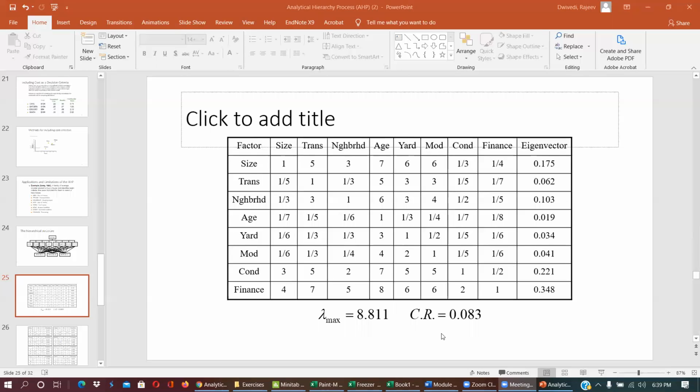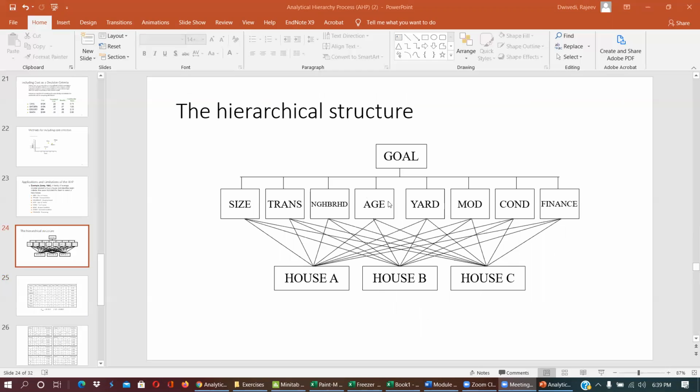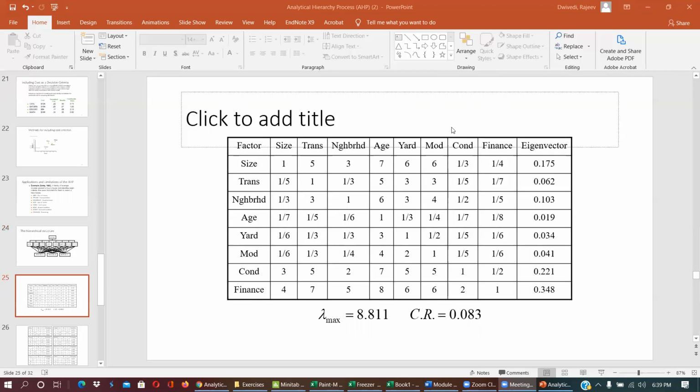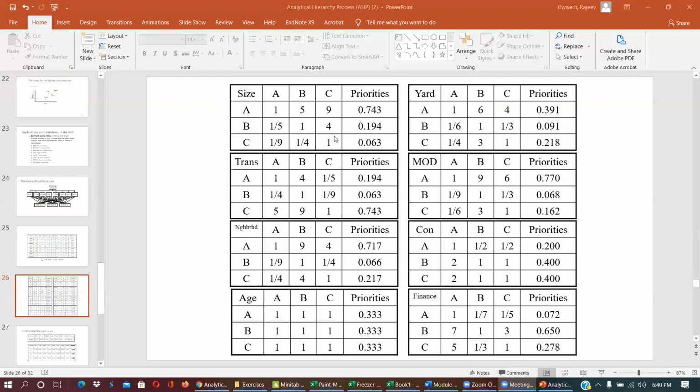Based on that, this is the consistency ratio index, which is close to 0.8%. So first, what they have done, based on size, transportation, and all, is this pairwise matrix, and this consistency ratio is less than 10%. Then based on size, you are going to compare all 3 houses. Based on transportation, you are going to compare all houses. Based on neighborhood, all houses.